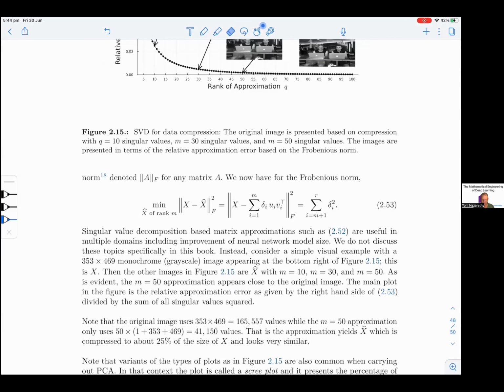We now have for the Frobenius norm the min over X hat of rank m, so the closest approximation to X based on the Frobenius norm, squared, and you can write this difference as follows: it is the sum of the singular values squared, so that's what's going to be the minimum.